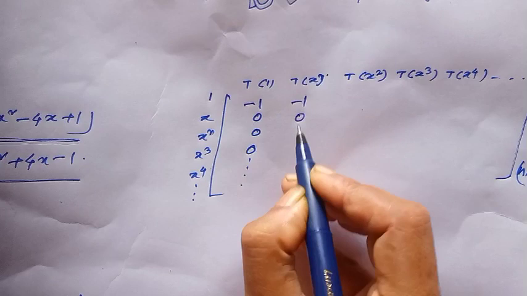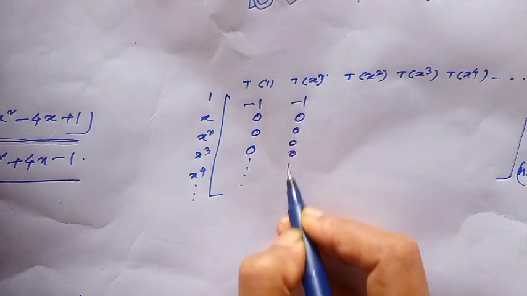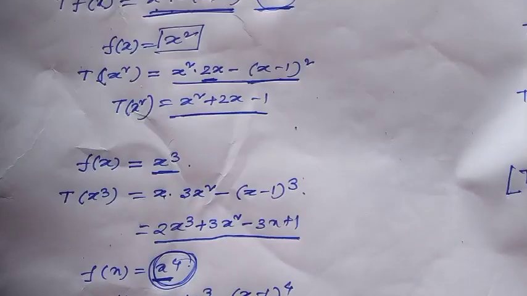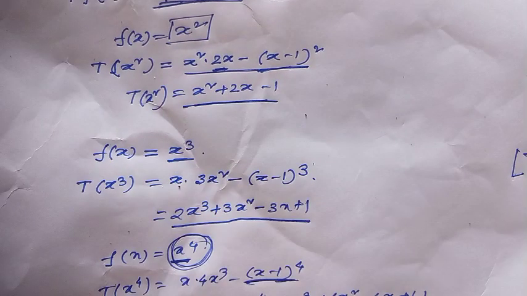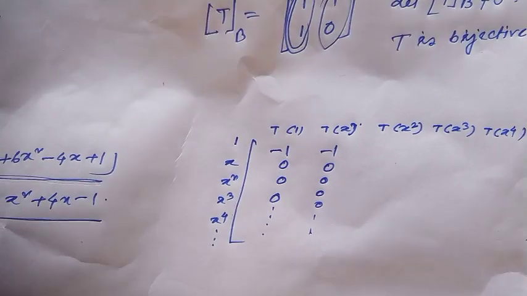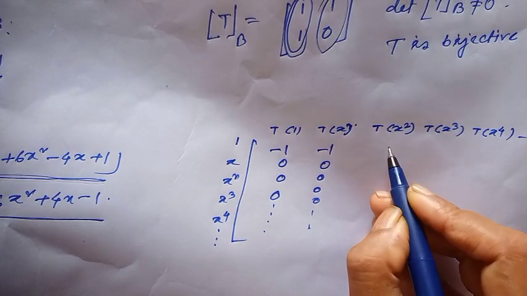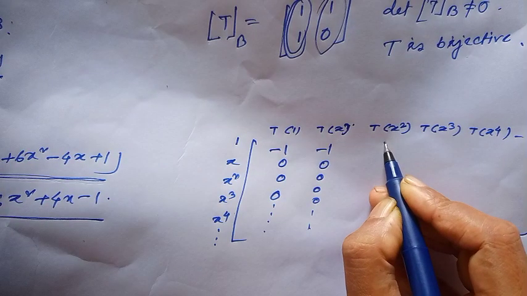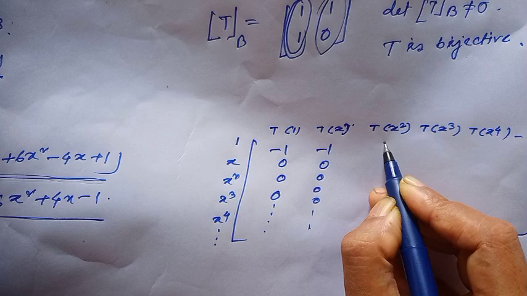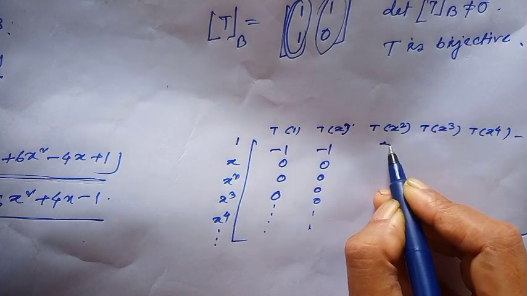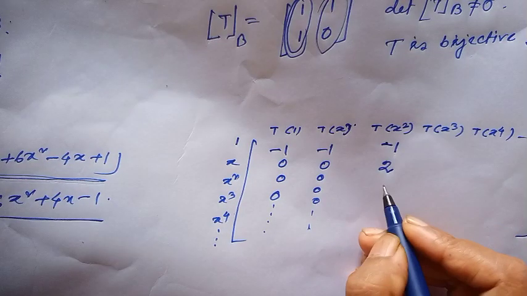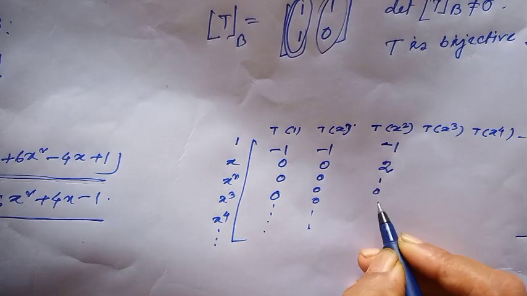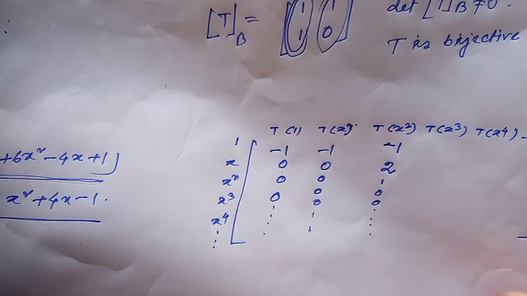T of x is also minus 1, so this column would be minus 1, 0, 0, 0, 0 and so on. T of x square would be x square plus 2x minus 1, that means this column would be minus 1, 2, 1 and the other part would be 0.